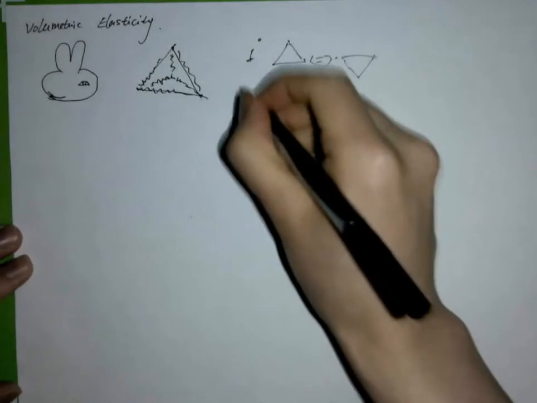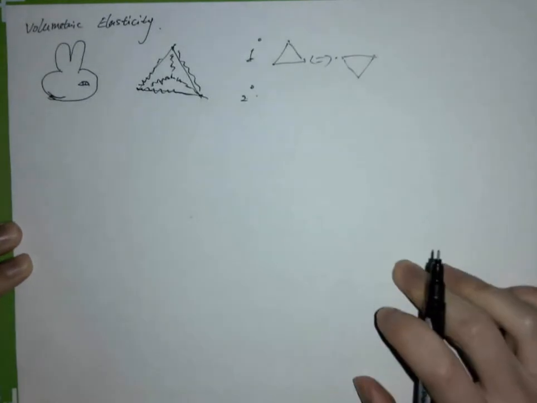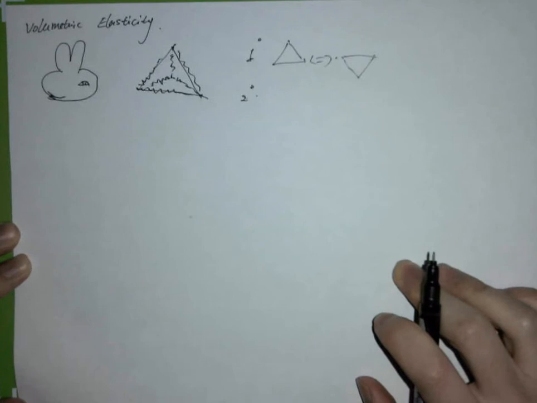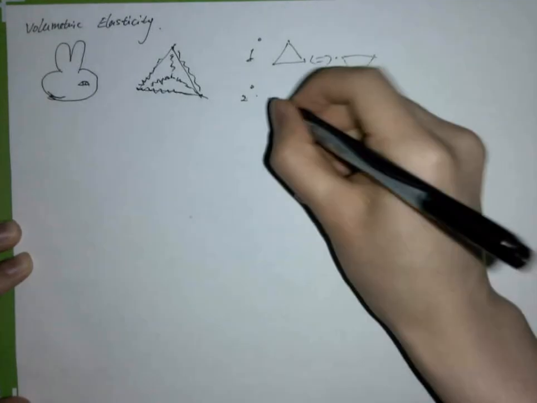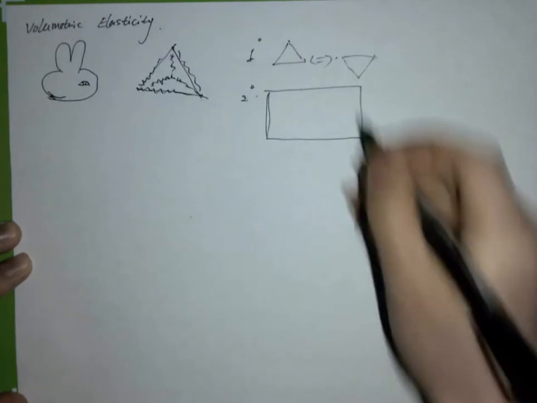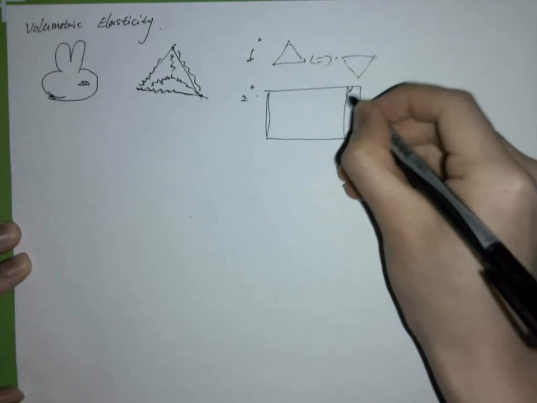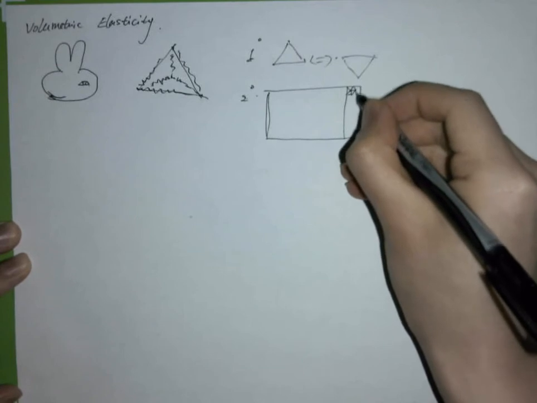The second one is that the mass spring system is highly dependent on your tetrahedralization. If I draw it in 2D, say I want to simulate a bar which has a lot of detail on this end. I can discretize it into lots of triangles to represent the fine detail here.